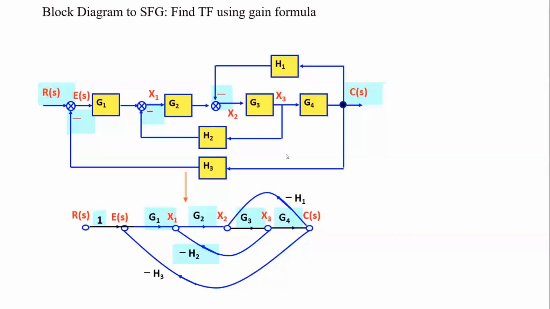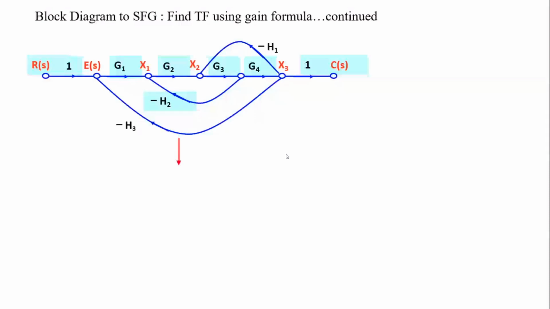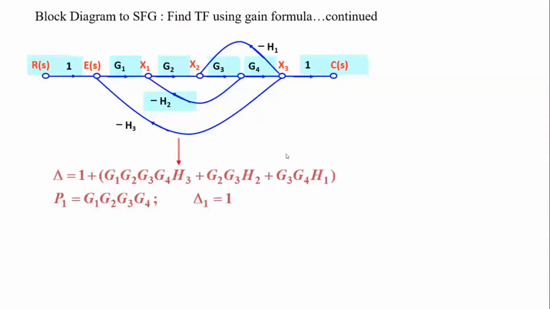I repeat, the advantage of SFG is you can find out the ratio between any two parameters in any given circuit very easily. If you have any doubt, you just tell me. The equation is written directly because we have already practiced.